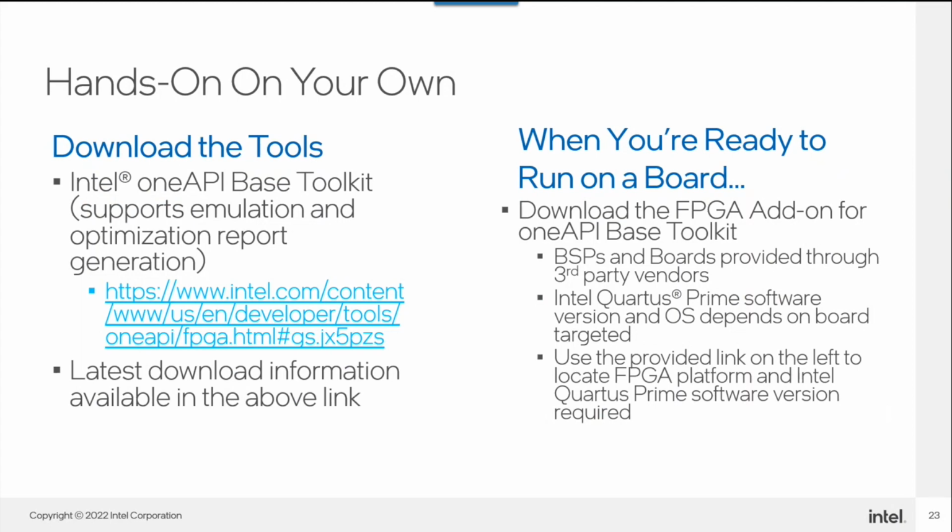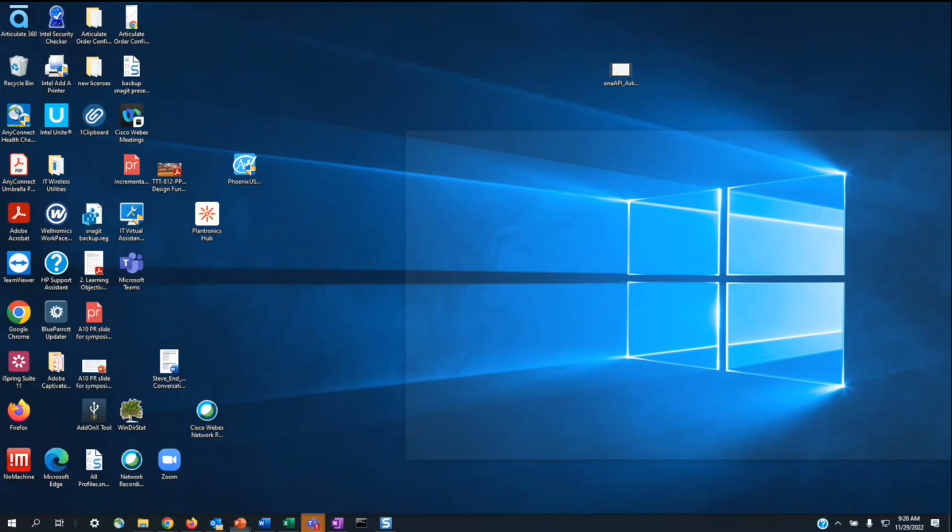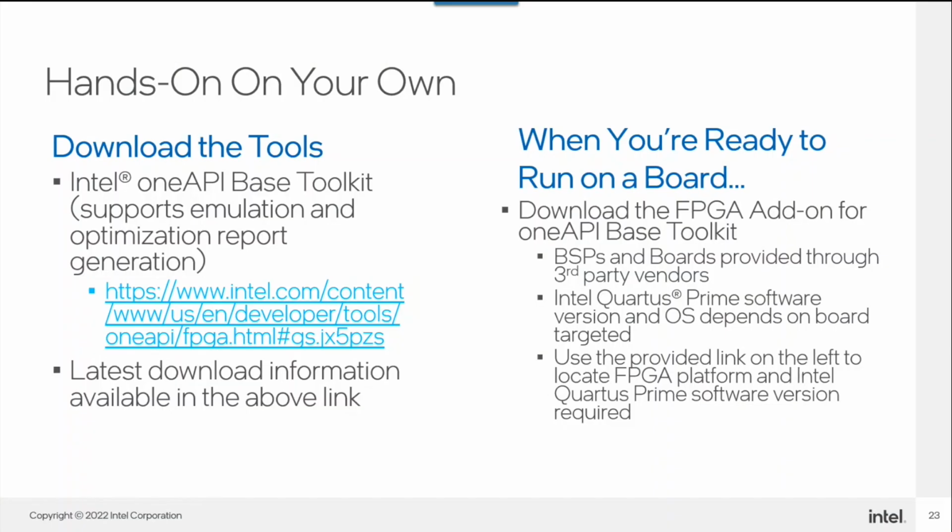If you'd rather do things on your own, you can download the tools yourself. First of all, start by downloading the oneAPI base toolkit. There's a reason it's the base: without it, you can't really do anything extra. In the development stages, when it comes to using oneAPI and FPGAs, there are 3 stages. The first is emulation. Next is optimization report generation.